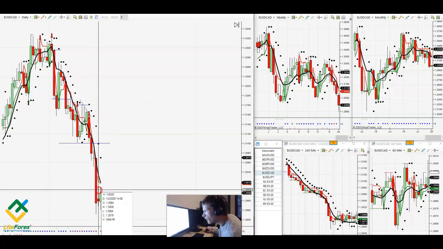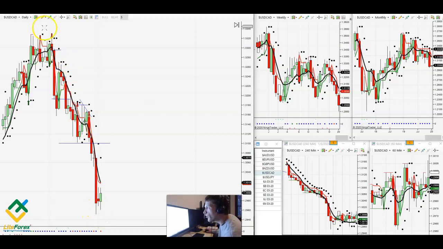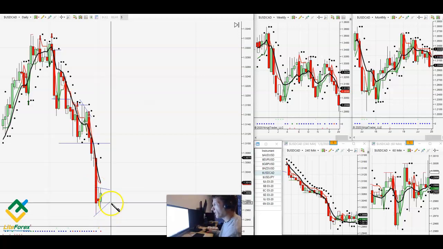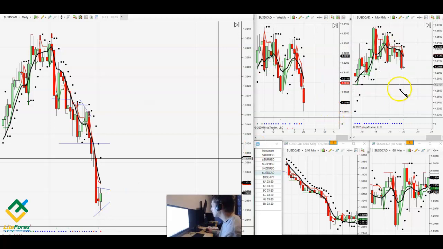We have a high of 30.08, 30.07, so we put in a lower high from yesterday, but we're still in this. And to me, it looks like there's more upside.